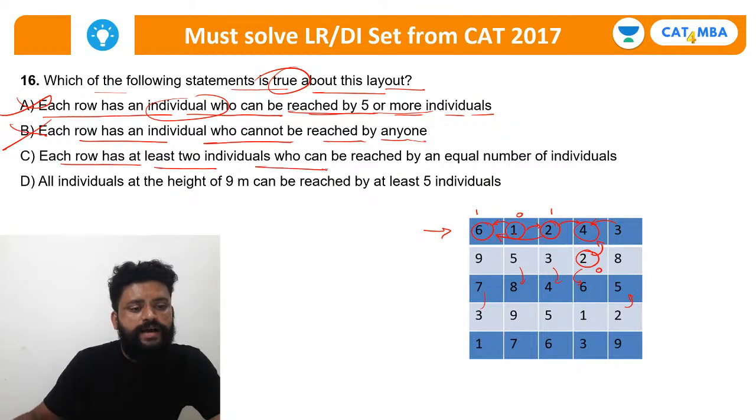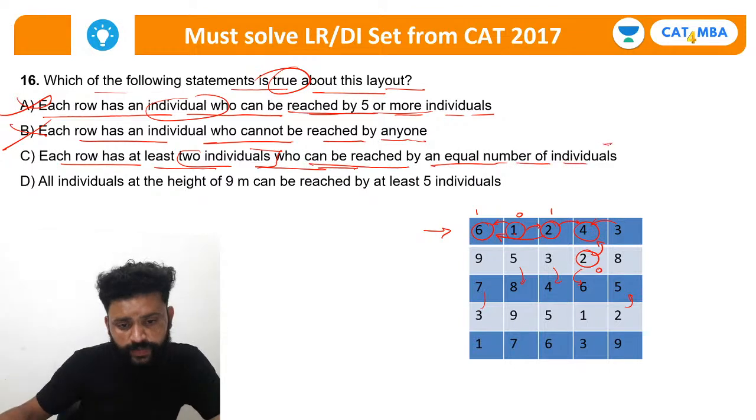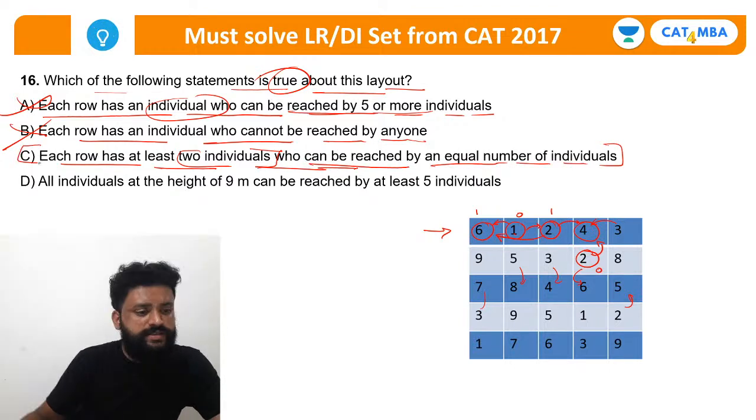Each row has at least 2 individuals who can be reached by an equal number. This is quite important. Let's have a look at this. All individuals at height 9 can be reached by individuals.